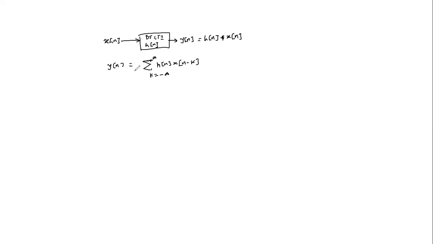So, when the input s of n is the same as the eigenfunction z to the power of n, where z to the power of n is a complex exponential sequence, then the system response y of n will be the same as the summation of h of k, z to the power of n minus k, for k taking on values from negative infinity to positive infinity.